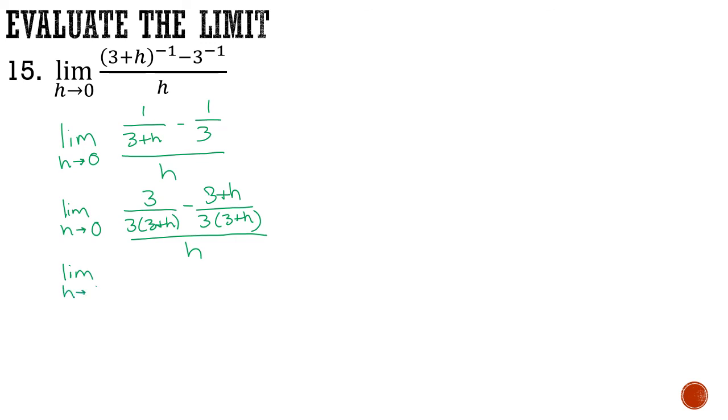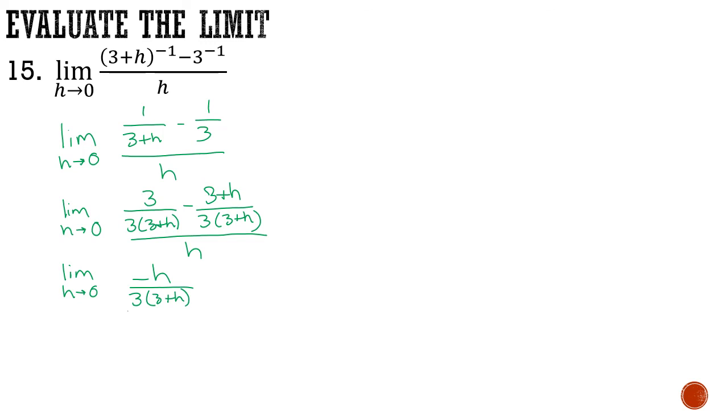Limit as h approaches 0. Like I said, I have 3 minus 3. That's 0. And then the negative is also distributed to the h in the numerator. So it's negative h over 3 times 3 plus h, divided by h.